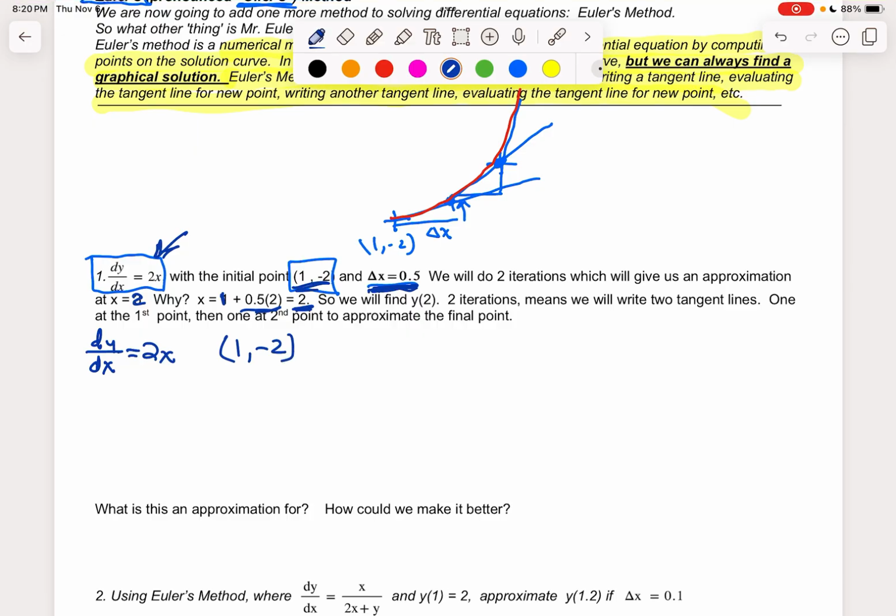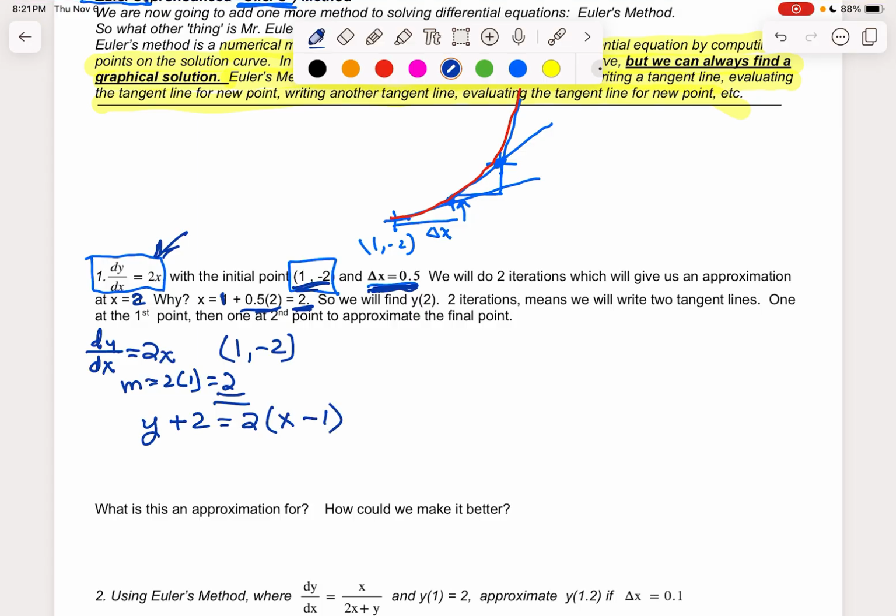At x equals 1, our slope is 2 times 1, which is 2. So we have a point and a slope, and the tangent line is y plus 2 equals 2 times (x minus 1).